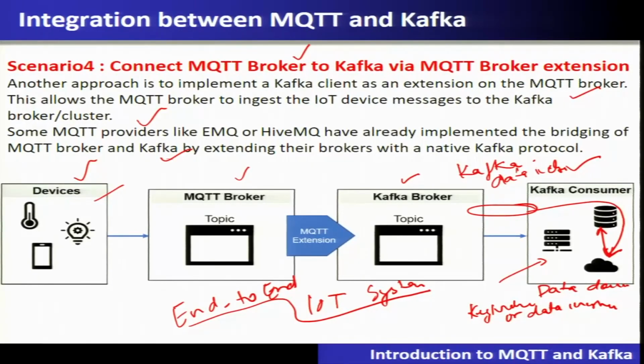Once it is stored, this data can be used for machine learning. If you want to build a machine learning pipeline, on one end is the device, and the other end is the machine learning platform, which requires data preparation, and after data preparation, the data has to be used for machine learning implementation. We have shown here the integration of MQTT and Kafka.